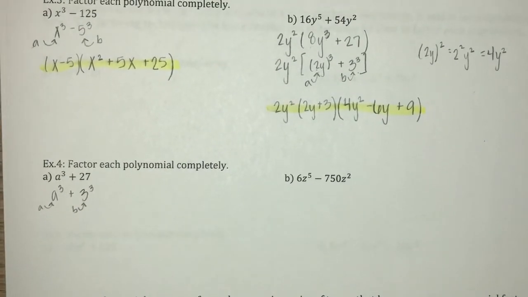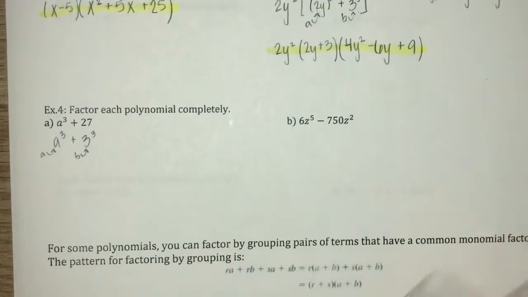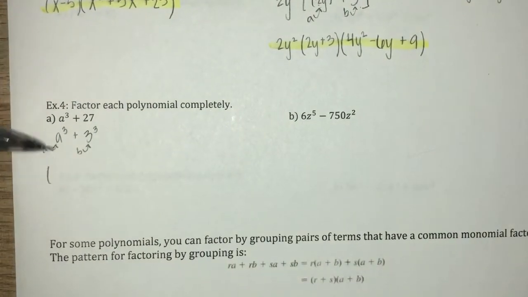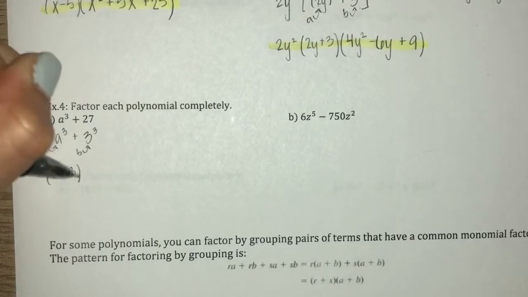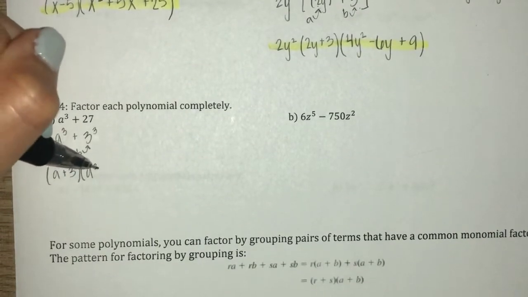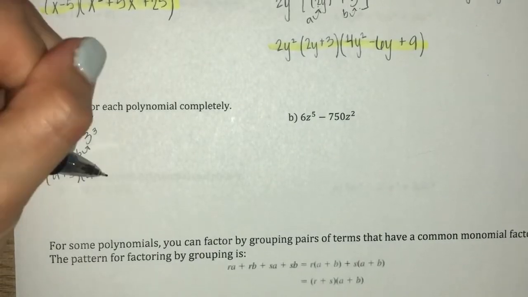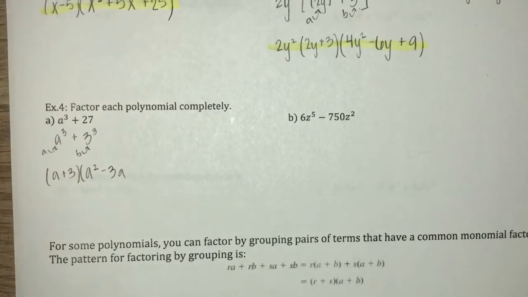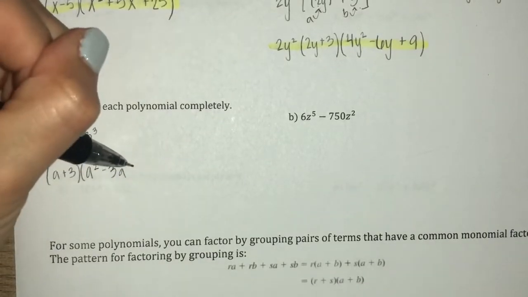If it's the sum of cubes, the first of the two patterns up here, that factors into a plus b, so it'd be a plus 3 in this case, times a squared, minus ab, so minus a times 3, minus 3a, plus b squared, so plus 3 squared, plus 9.